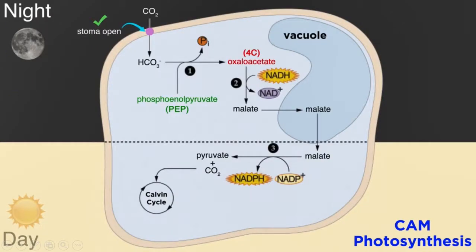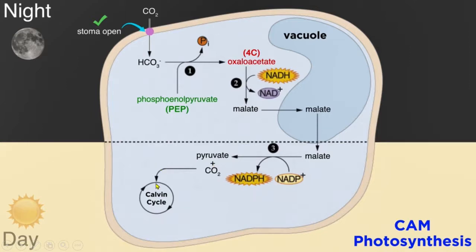So again, during nighttime, the carbon dioxide will now be fixed, producing a 4 carbon molecule, which is then stored in the vacuole. So at nighttime, it continues on storing and storing a lot of the 4 carbon until the daytime comes. Once the daytime comes, the stored 4 carbon molecule, which contains the carbon dioxide, will now release the carbon dioxide into the Calvin cycle.